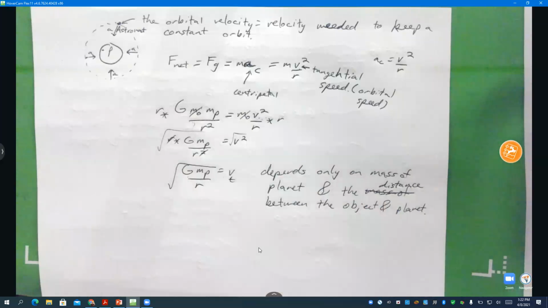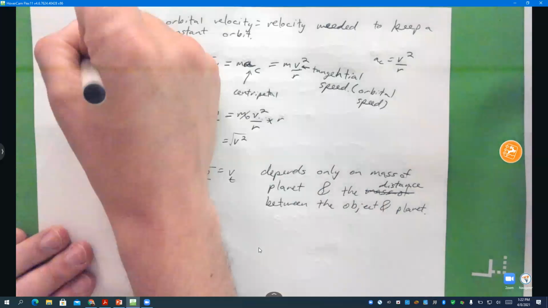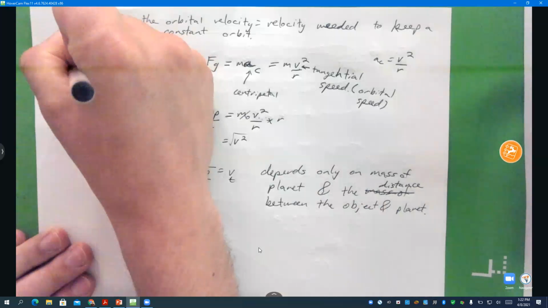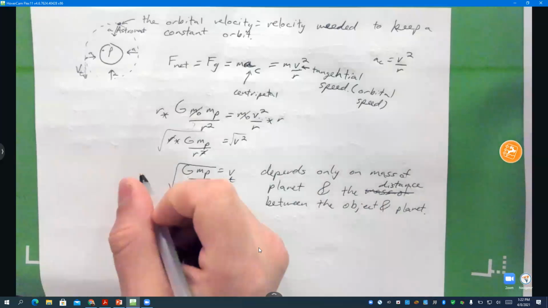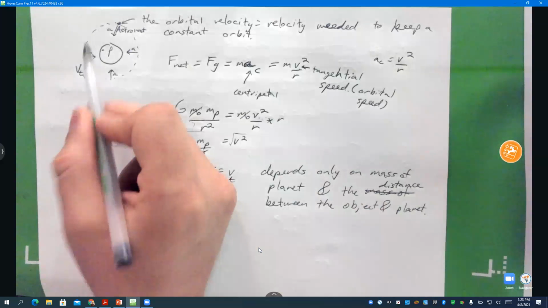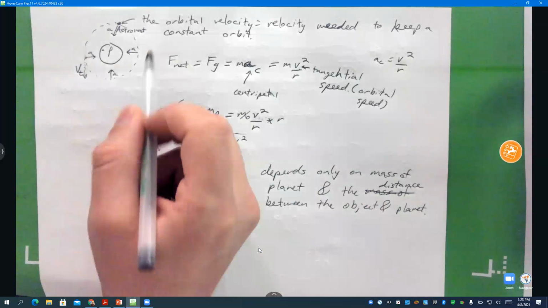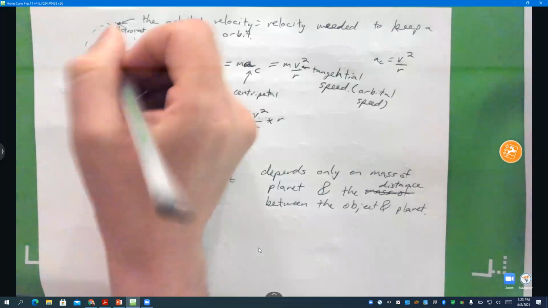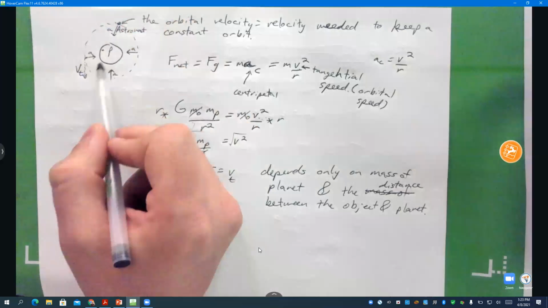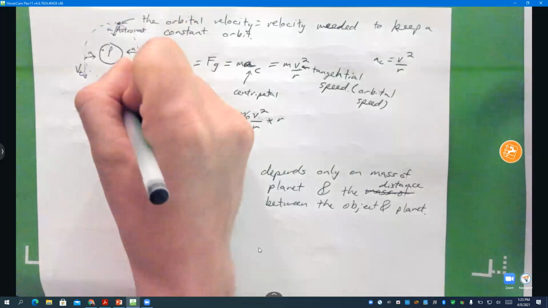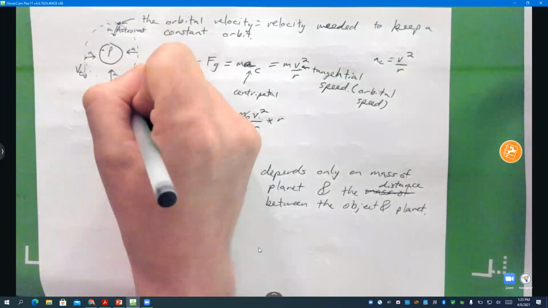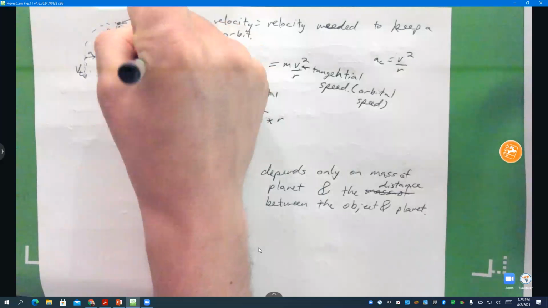Do I have any questions on that? So is velocity tangential? And if so, how do you represent that on the diagram? It's like this. It just means that if you got rid of the planet, there'd be no force of gravity, and so the object would just want to fly off tangent to the circle.